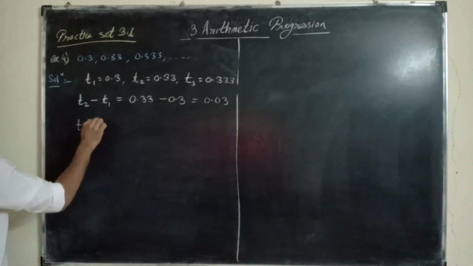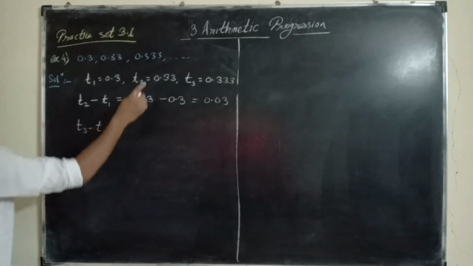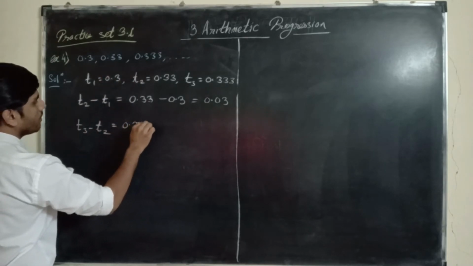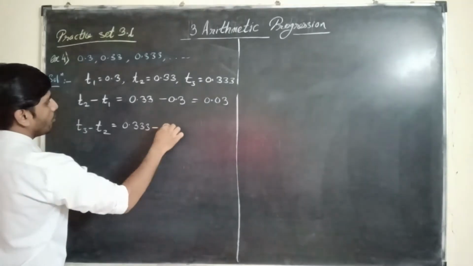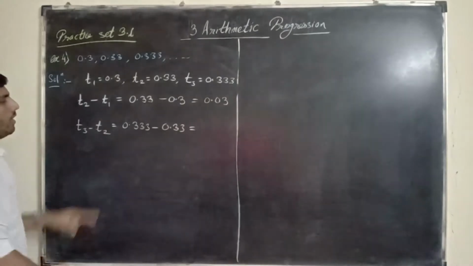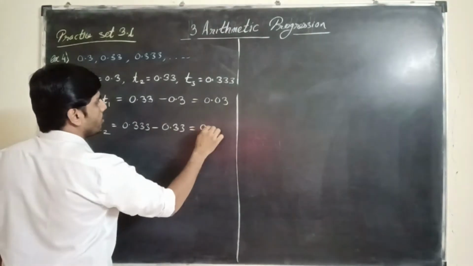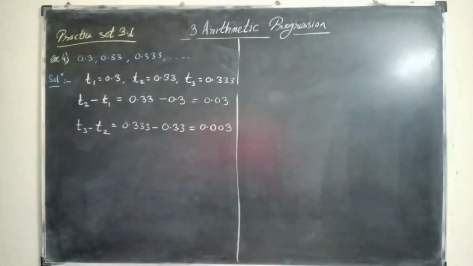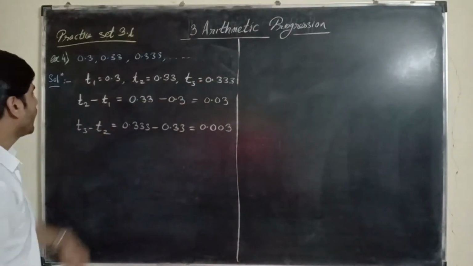Again T3 minus T2, which is equal to 0.333 minus 0.33, and the difference is 0.003. Here we can observe that we are getting different numbers.